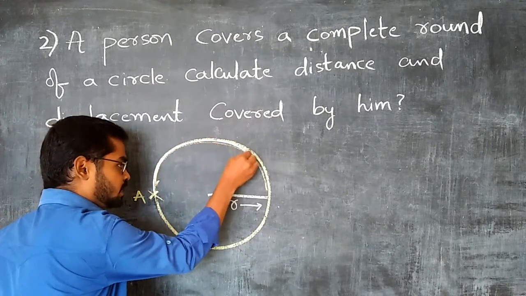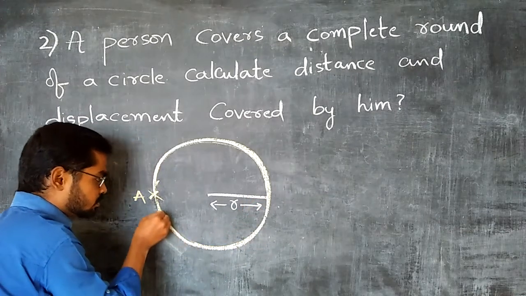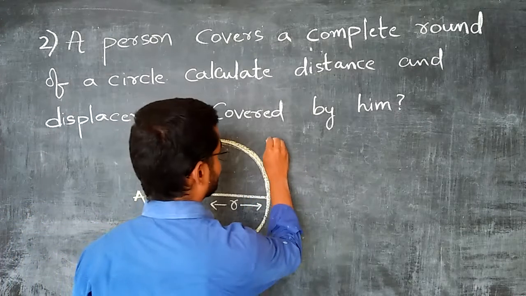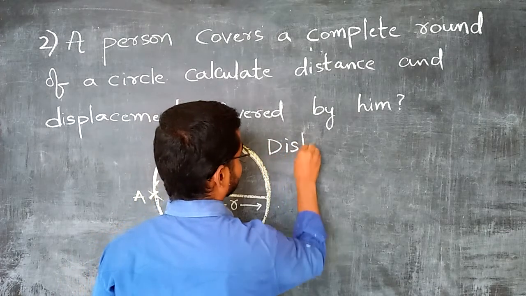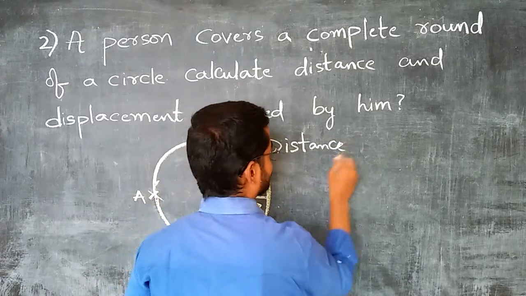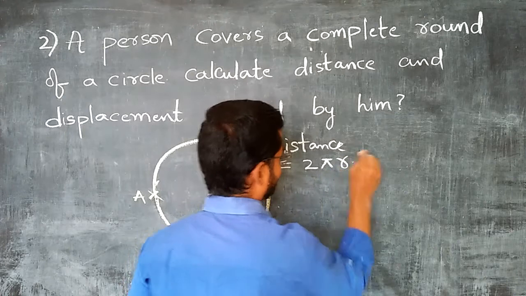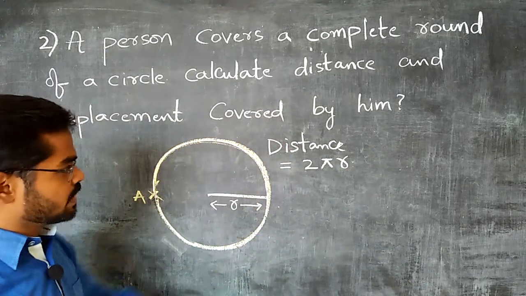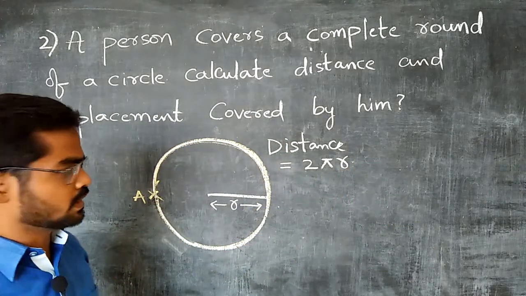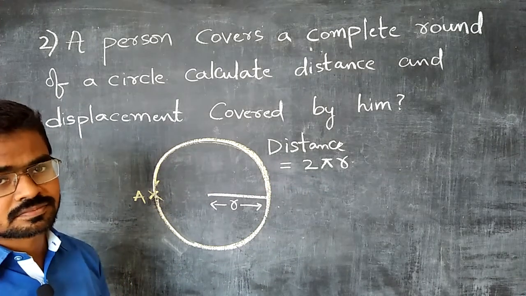What is the name of this path length? It is the circumference. So distance covered by the man is equal to the circumference of the circle, which is 2 pi r.